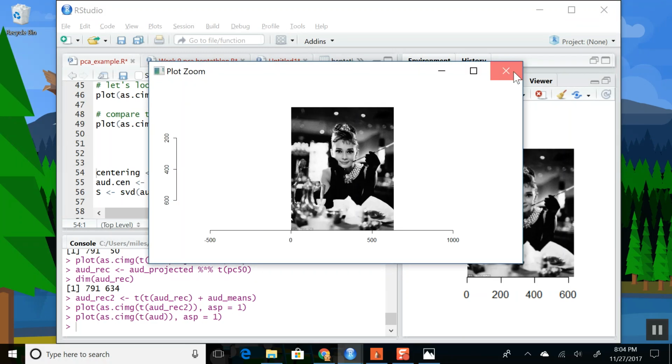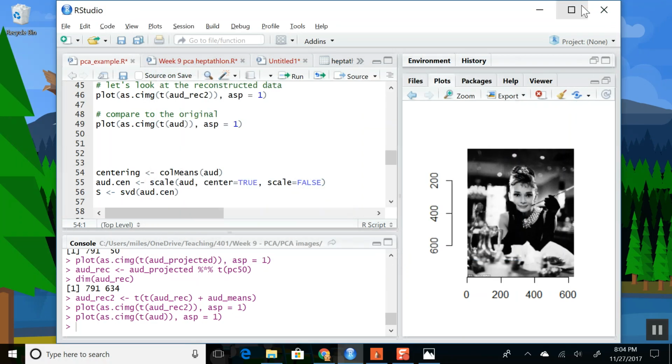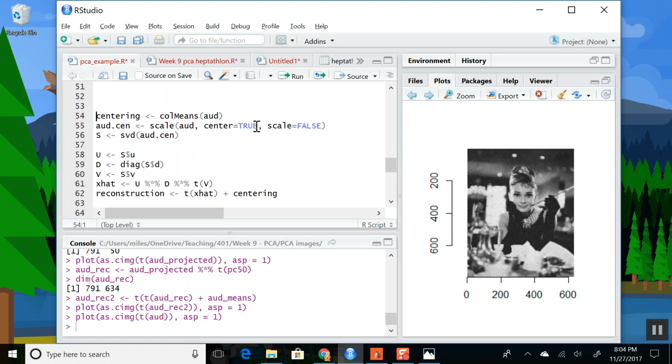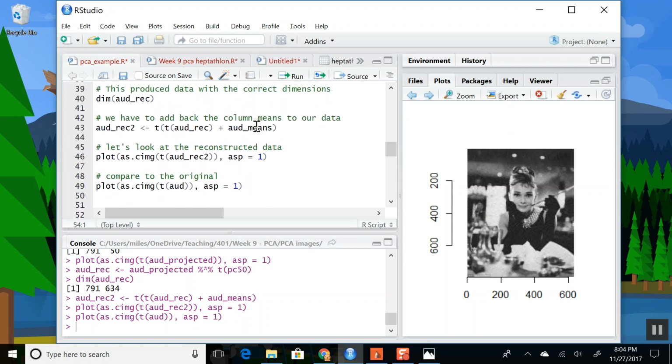I don't know if you guys can see the difference. So this is the original, and this is the reconstructed image after reducing it down to 50 columns. I think that's pretty neat, right?